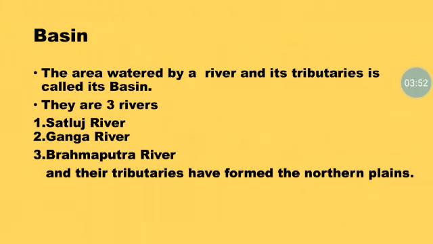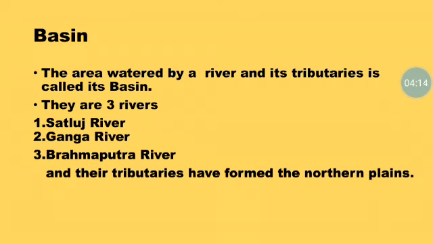Moving on to our next slide, we have got the basin. Children, what are basins? The area watered by a river and its tributaries is called its basin. A river basin is an area of land drained by a river and its tributaries.